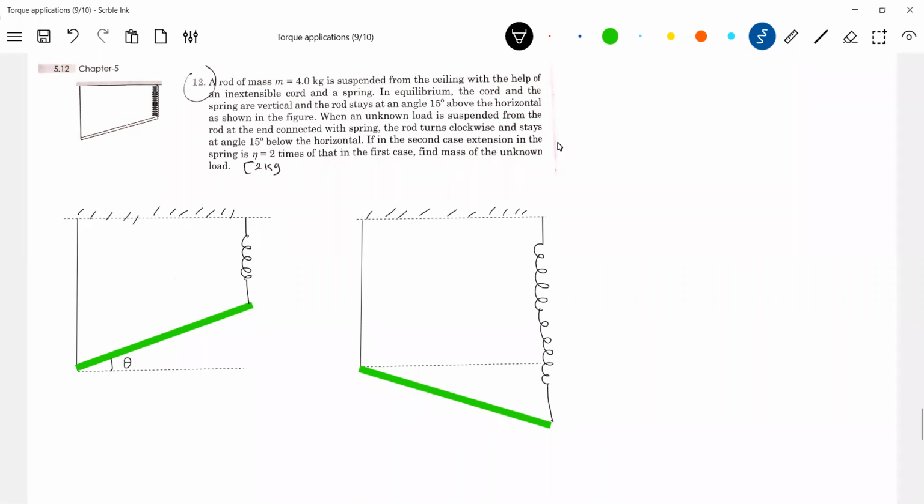This is theta. Then again it's the same theta only. This is the string. The weight of the rod, mg, will act. Tension, T1.